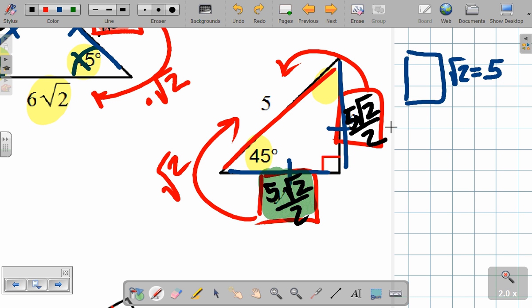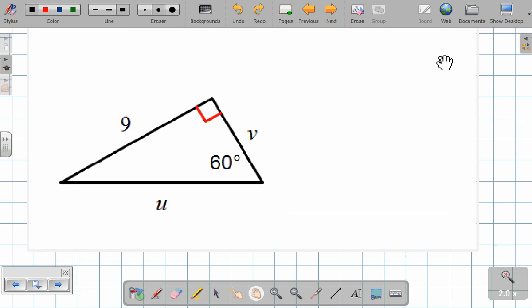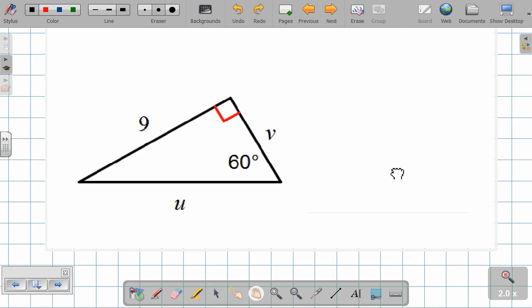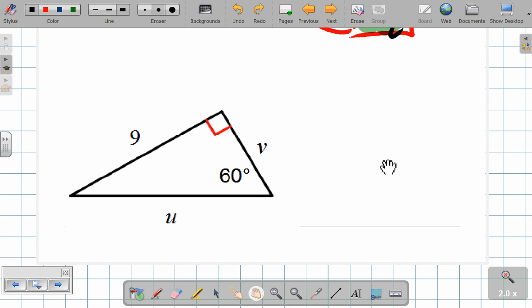What is 5 root 2 over 2? Five root 2 over 2.